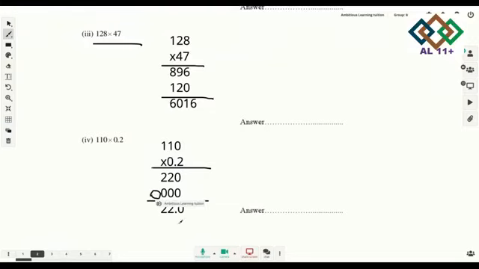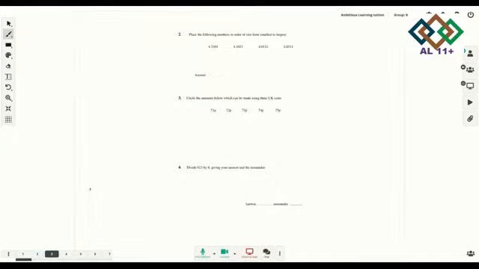So that would be your answer for the next one. So let's move on to the next one now. That's the second one. I'll zoom in for you.